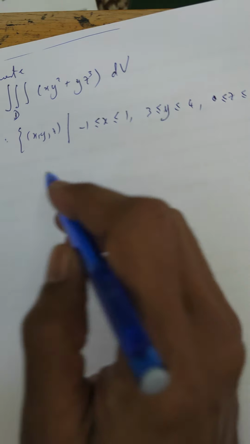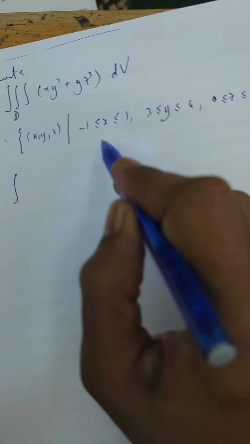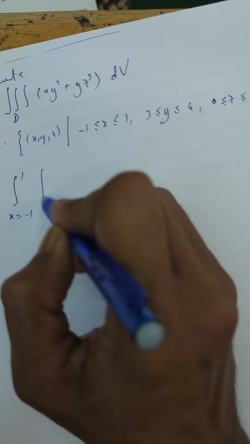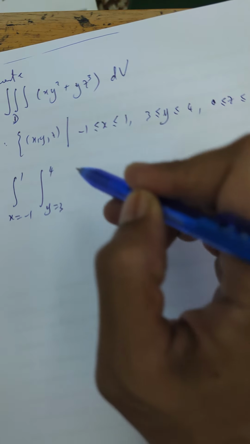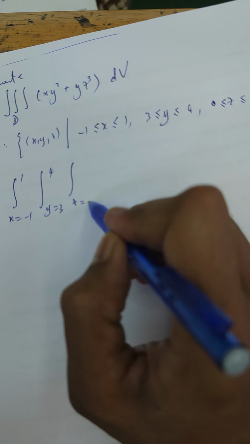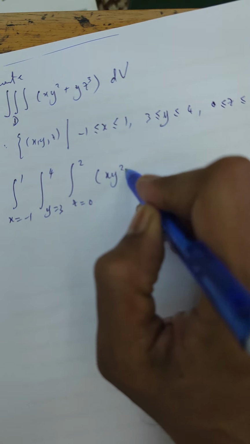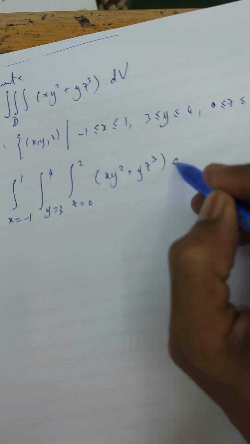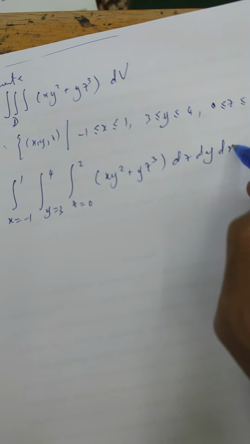So what we have is: integrate x from -1 to 1, y from 3 to 4, then z from 0 to 2, and our function is xy squared plus yz cubed, then we have dz, dy, and dx.